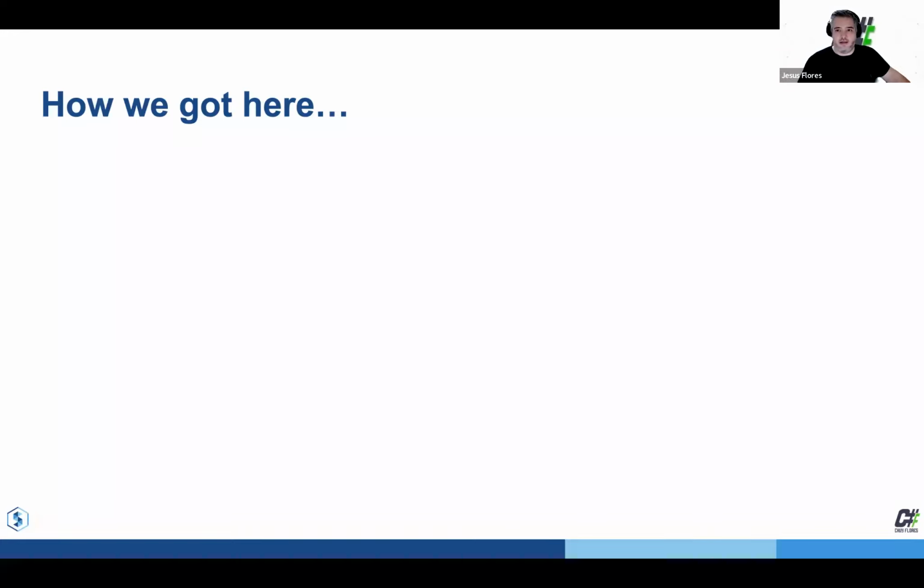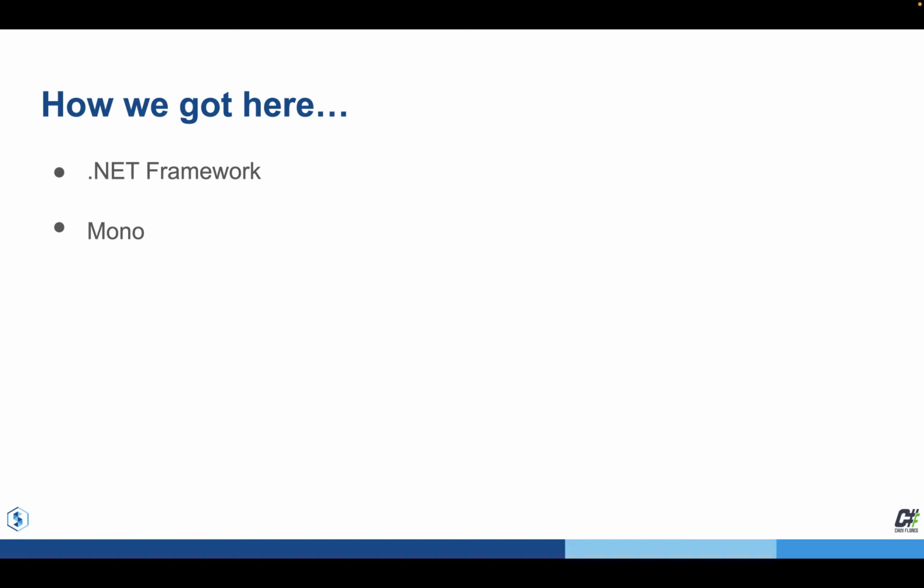Sadly, they only provided the runtime for Windows, so there was nothing at all for other platforms at that time. But then came Mono. You've probably heard about Miguel de Icaza. He was one of the community members that started investing in that.